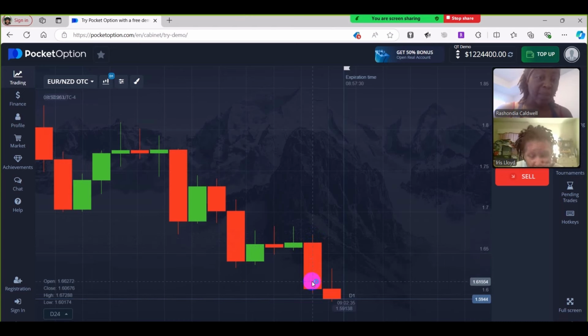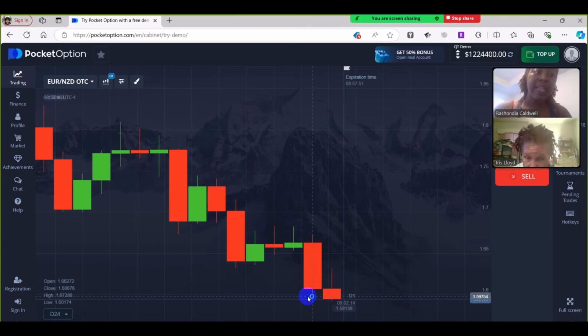And then it came all the way down to the bottom of this wick. Couldn't stay down here, rejected this area, and went up and closed right here. So that is the creation of a red candle.